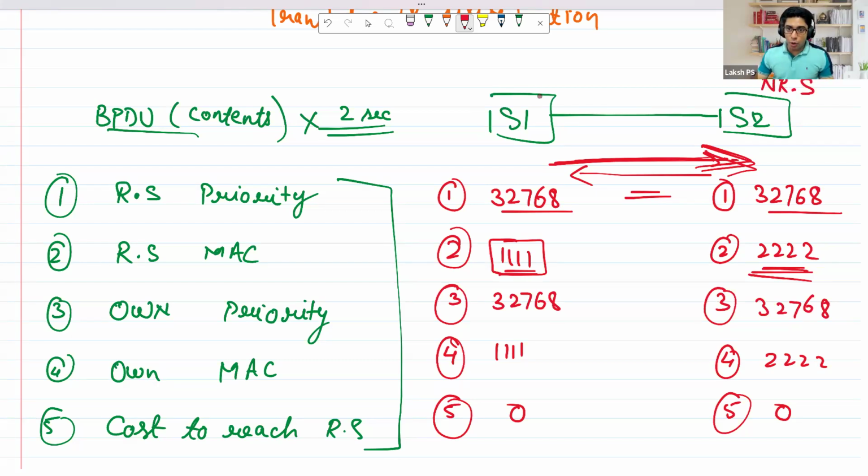If it is a non-root switch, this other guy is the root switch. What is this port going to be? It is going to be a root port. So this is how two switches, when they are connected together, make that decision.